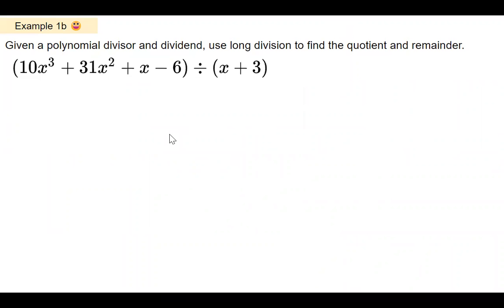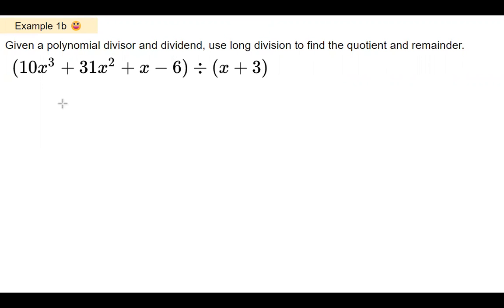Not too bad. All right. I have a little dividing house. How do I organize it, or how do I structure it so that I have my parts in the correct place in this case? So I have my dividing house.